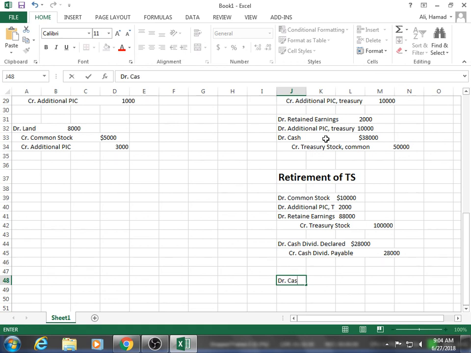We're going to debit cash dividends payable for 28,000, and we're going to credit cash for $28,000.